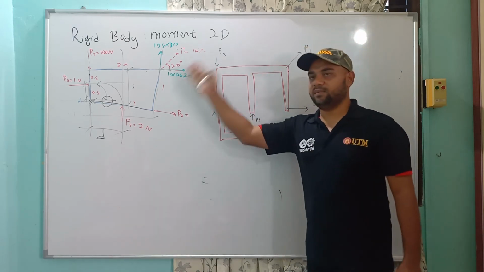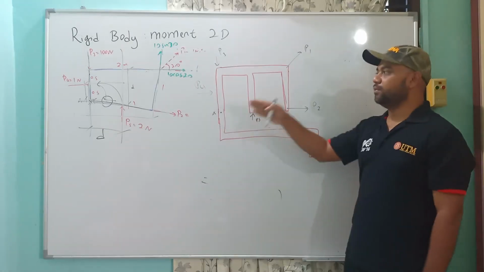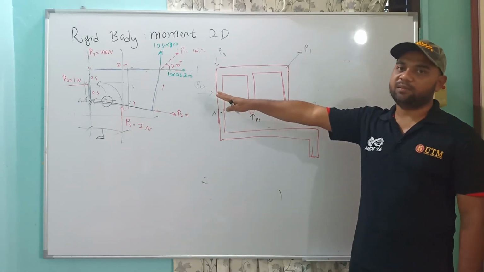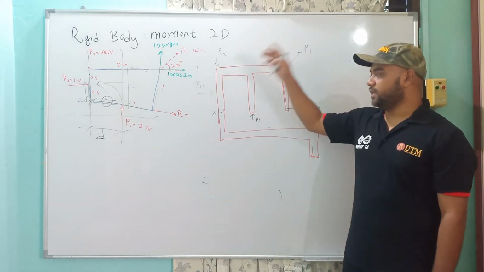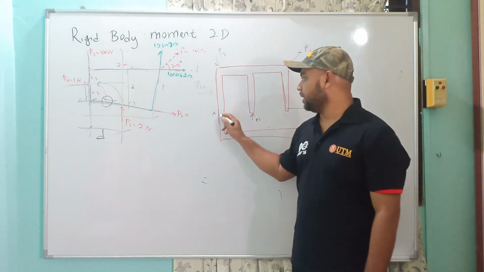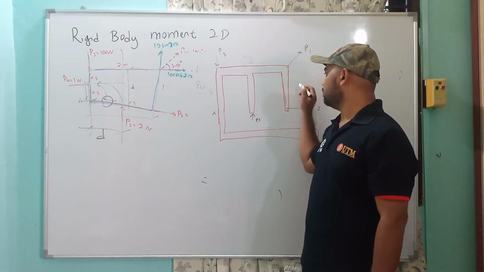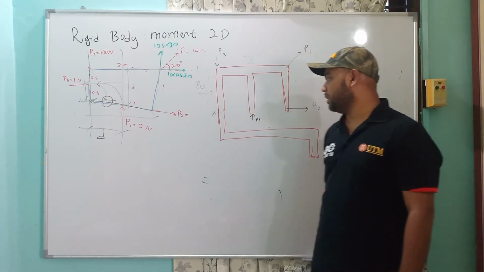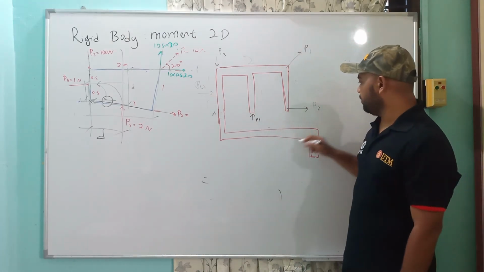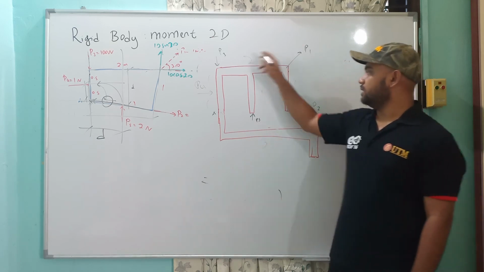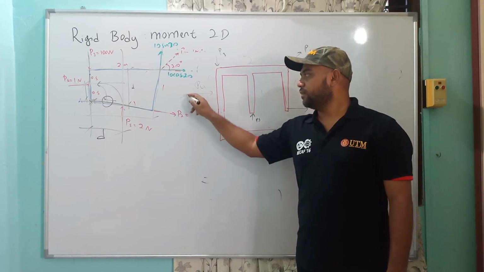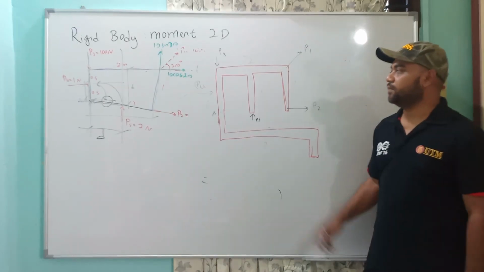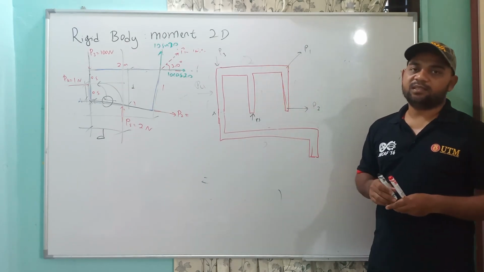Even though the shape is now slightly different, we don't have a cube like that. I mean, we have the component which is 2 meter times 1 meter, but we have this shape, for example. But as long as the distance here is the same, 2, 1, 1, 1 here, 1 here, or here maybe we have 3 meter, as long as this distance is the same, you will still have the same moment from this, even though the shape is different.